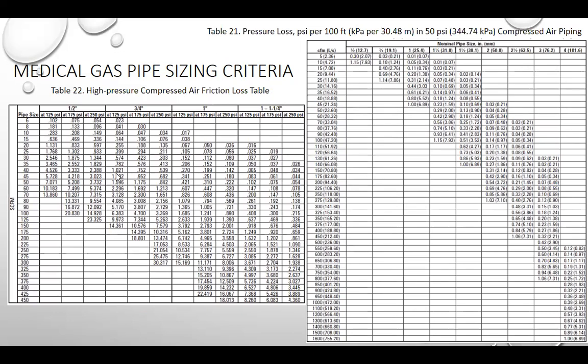Ay, hindi, dalawa pala ito yung high pressure compressed air. So, ito naman, table 21, pressure loss for medical air only. Medical air is 50 PSI. Okay. Ito, high pressure compressed air, may alternate ito, nitrogen or ito gamitin mo. So, ayan ang mga value. ACFM to, ACFM. Magulo kasi yung mga reference natin. Dapat ina-identify nila. Okay?